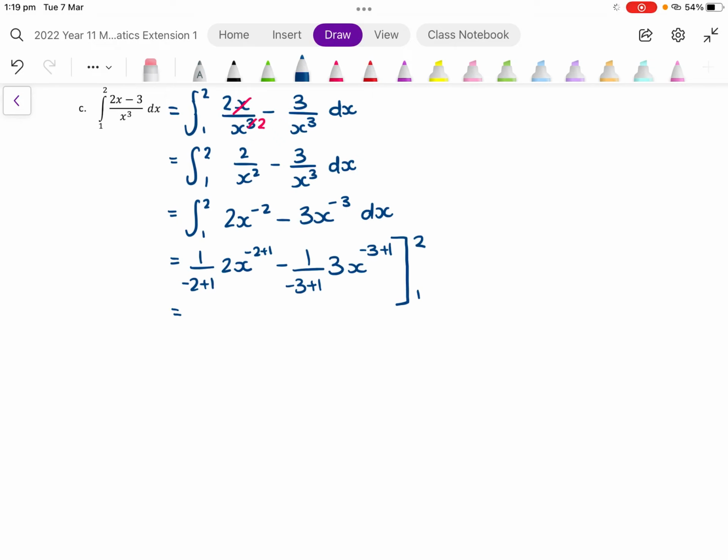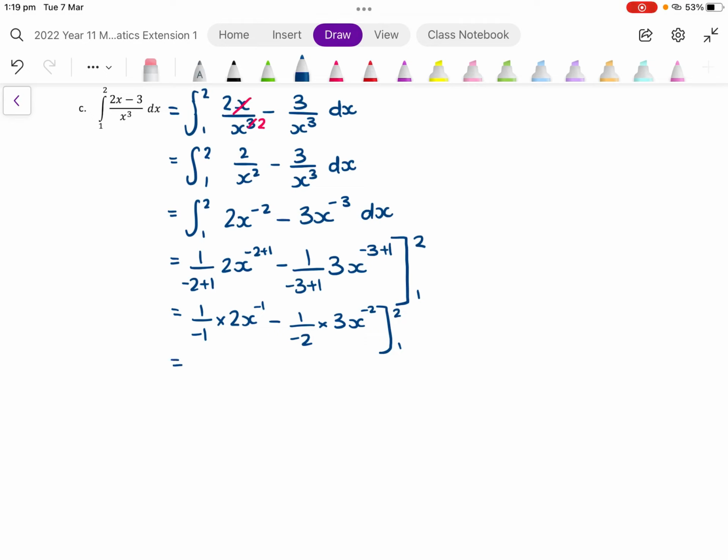We're then going to tidy this up a little bit. So we have 1 over negative 1 times 2 lots of x to the power of negative 1, minus 1 over negative 2 times 3 lots of x to the power of negative 2. And then we want to write what values we're going to substitute in at the end.